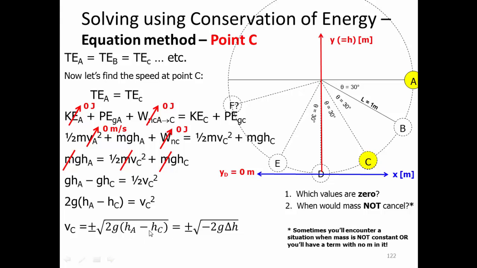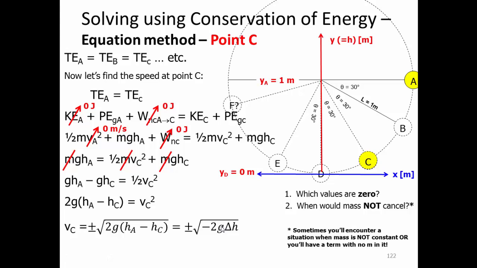And so this is HA minus HC, so this is actually negative delta H. That's why you see I replaced this factor here with delta H with a negative. And you can see I get this nice general solution here that says my velocity at point C is just plus or minus the square root of negative 2g delta H.